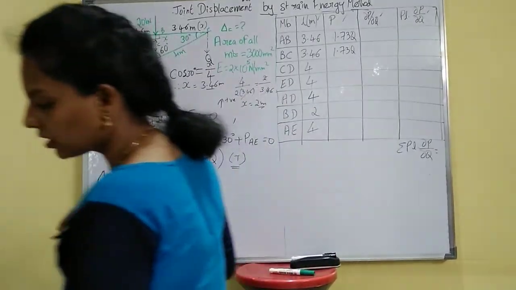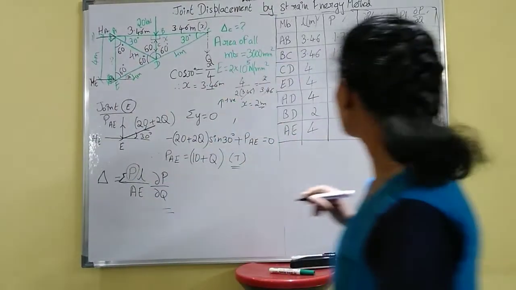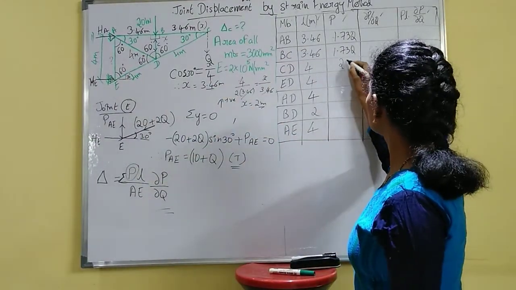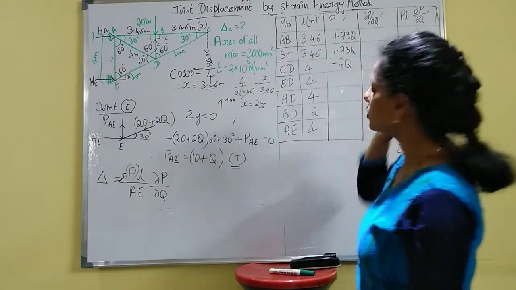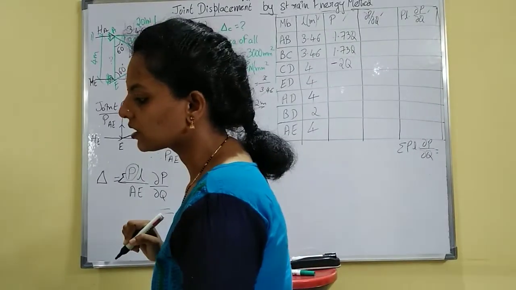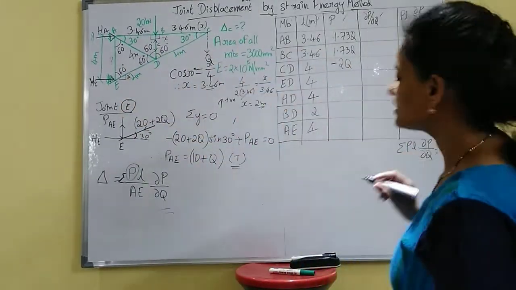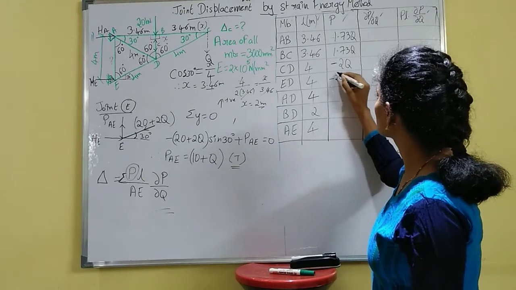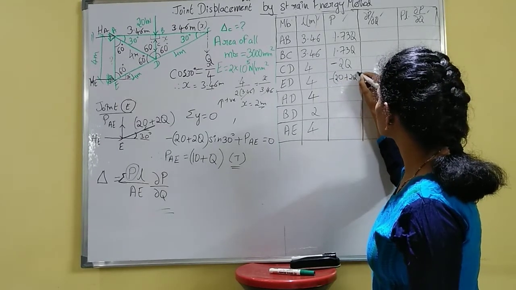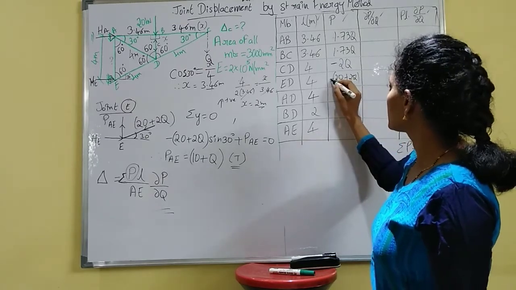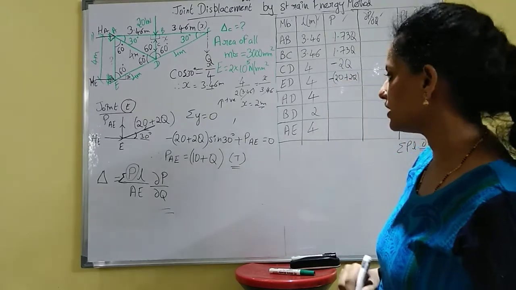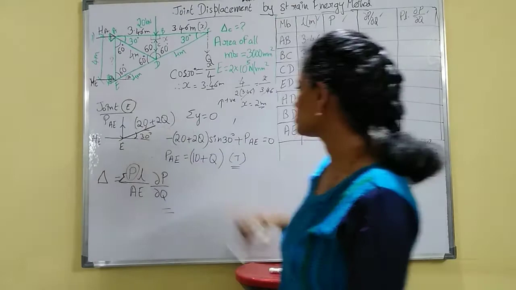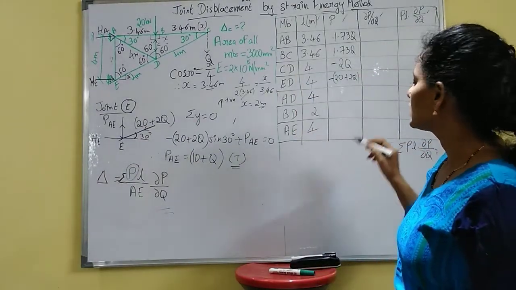Then CD you have 2Q, but it is compression, so it is minus 2Q. Next you have ED, again it is compression, so minus 20 plus 2Q is your member value. Here compression, so minus 20 plus 2Q for ED.